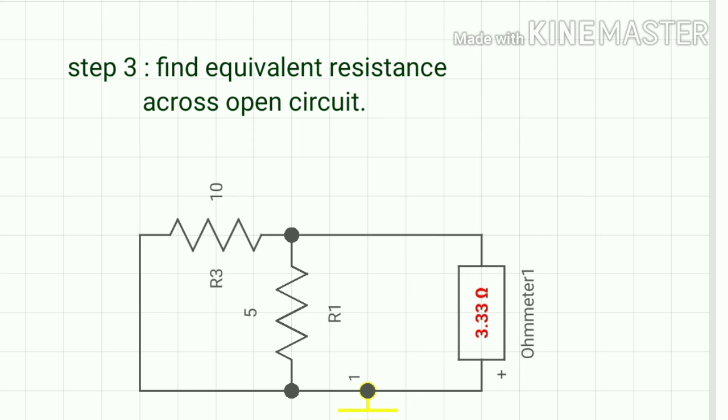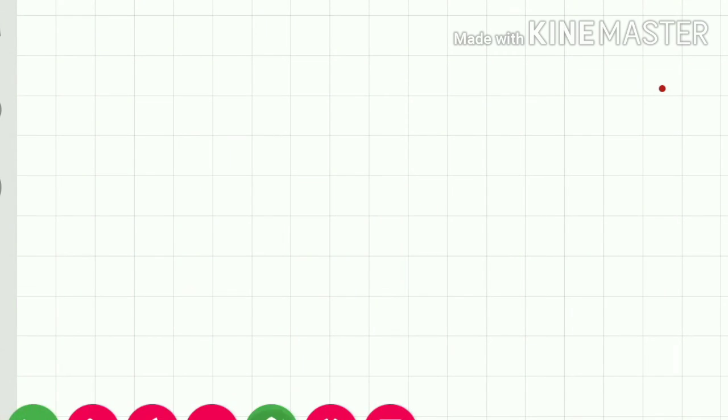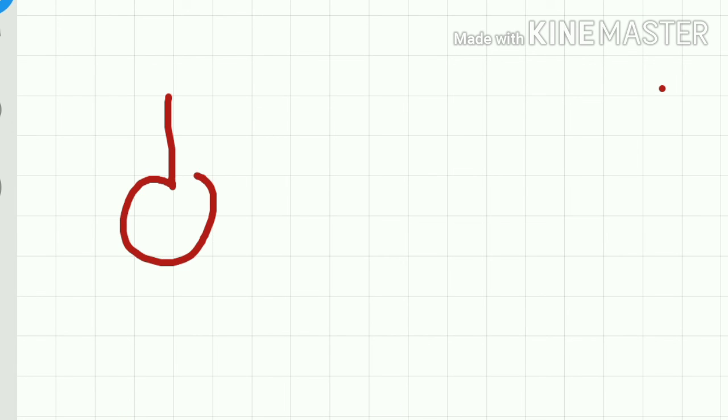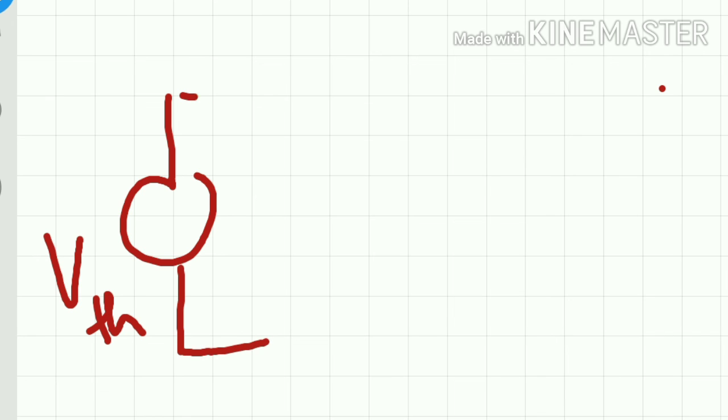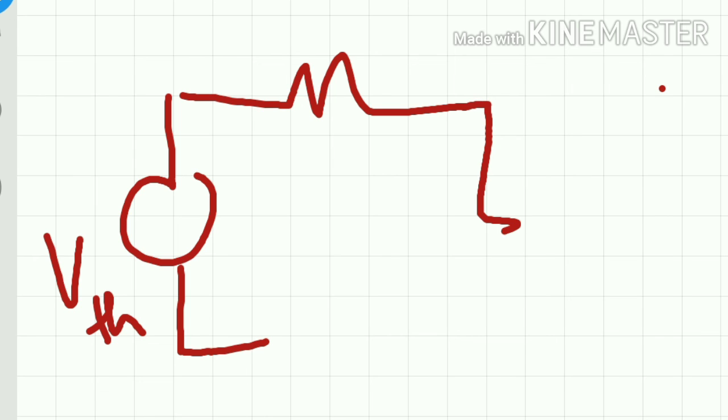So our VTH is 1.67 volt and the equivalent resistance is 3.33 ohm. Now we will draw the equivalent diagram. The equivalent diagram will look like this: this is VTH, this is the equivalent resistance, and this is the load resistance.